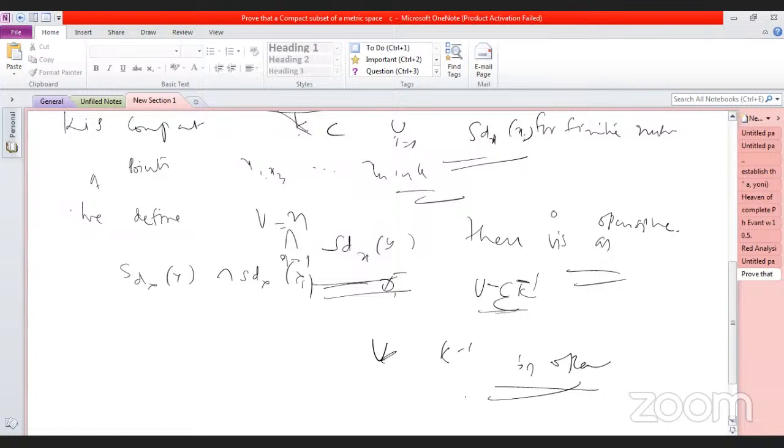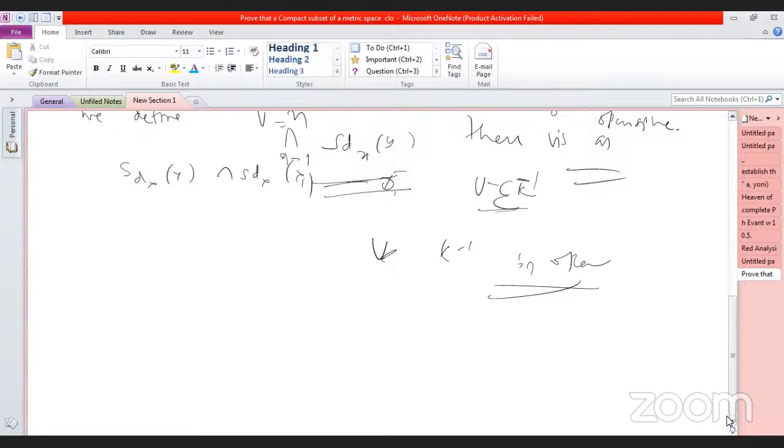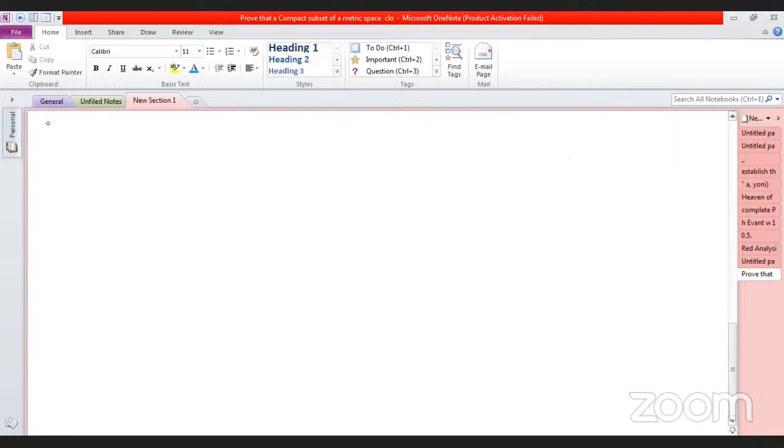Prove that the union of a finite number of nowhere dense sets is nowhere dense. Most important, this one, most important. Define nowhere dense set.